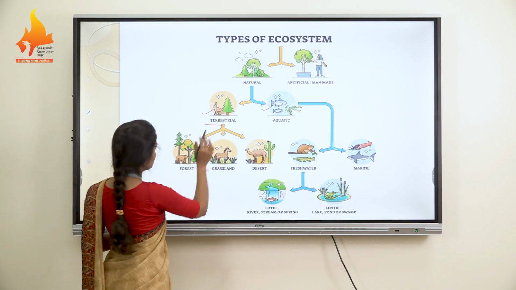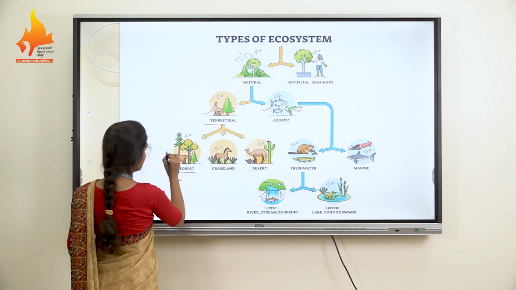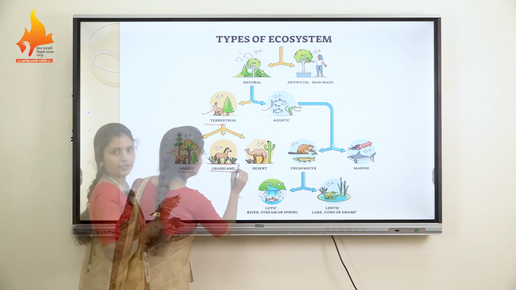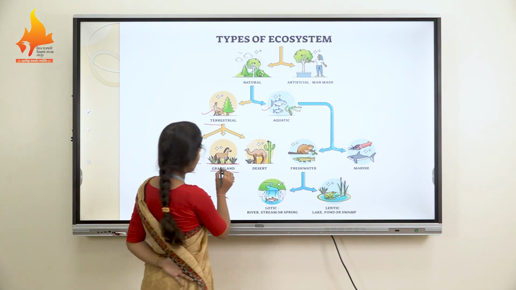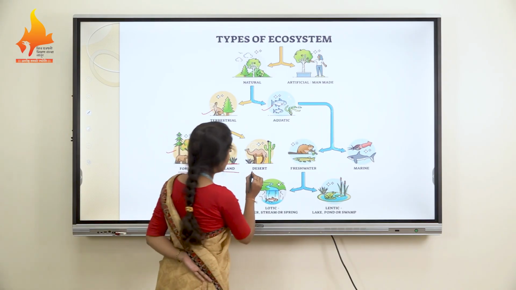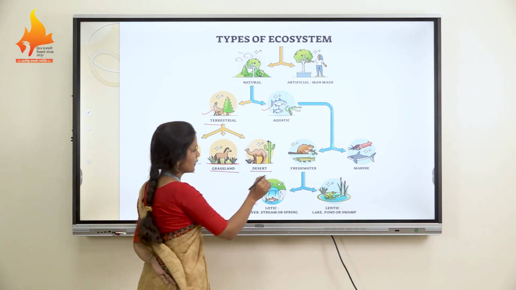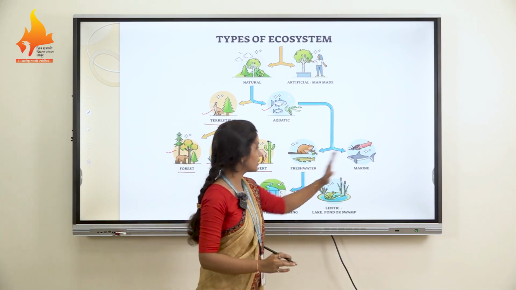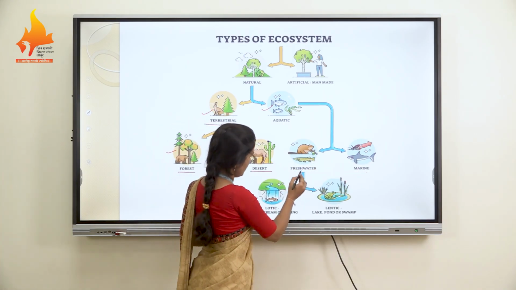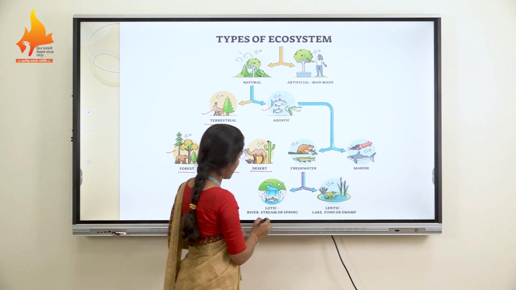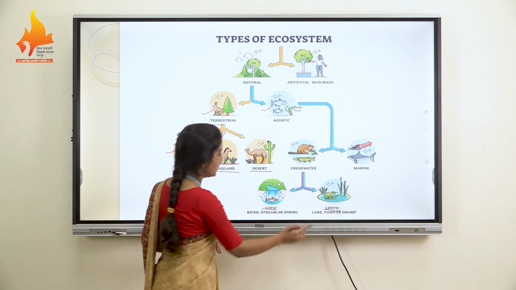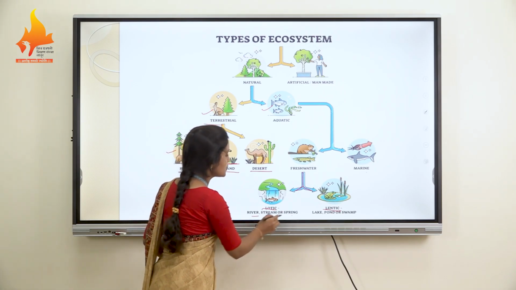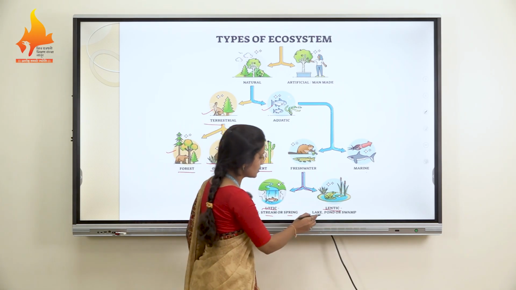The terrestrial ecosystem is again divided into forest ecosystem, then grassland ecosystem, in which a number of grasses are present, and the desert ecosystem. The aquatic ecosystem is divided into freshwater and marine water ecosystem. Freshwater is again divided into two types, lotic and lentic. Lotic water means the water of river, stream or spring, and lentic water means the water of lake, pond or swamp.